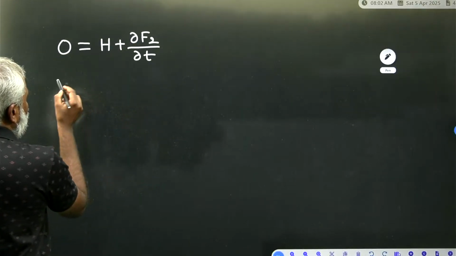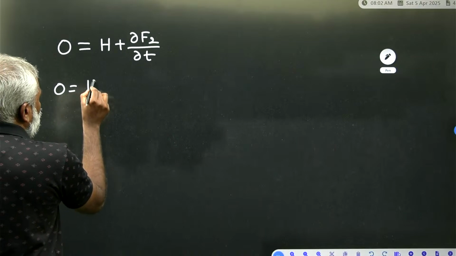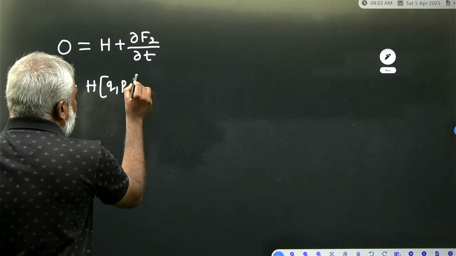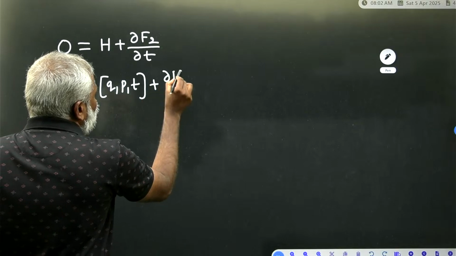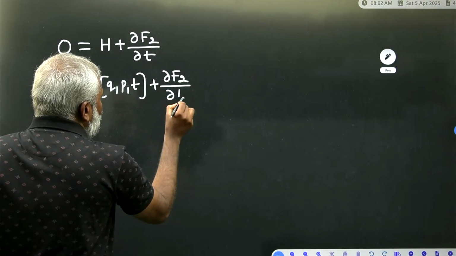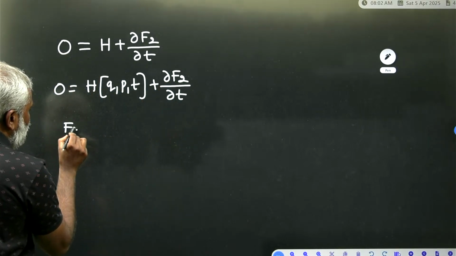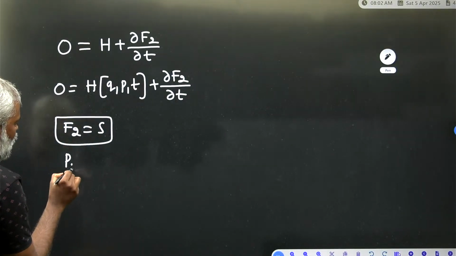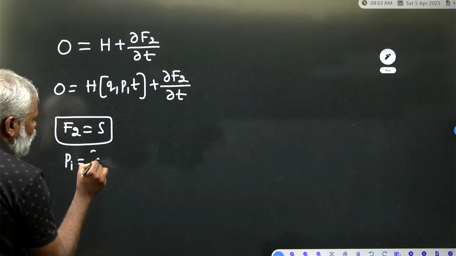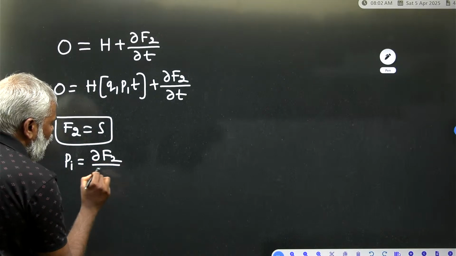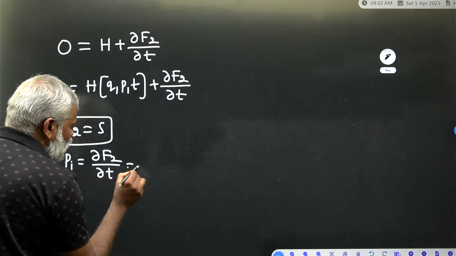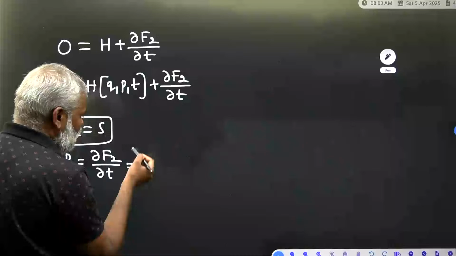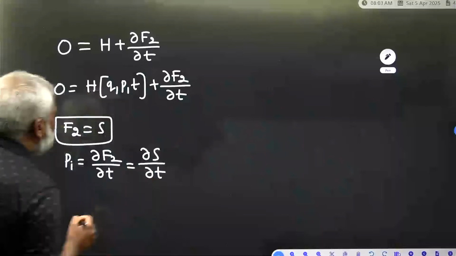But here K is equal to 0, equal to H, in terms of the old coordinates, plus ∂F2 by ∂t. Here p_i is equal to ∂F2 by ∂q_i, which we take as ∂S by ∂q_i.